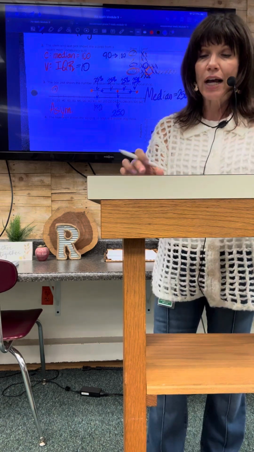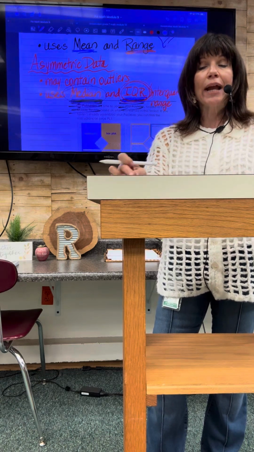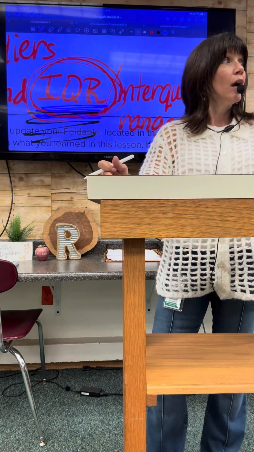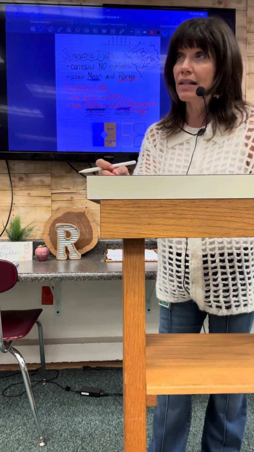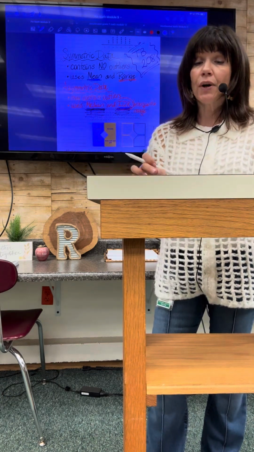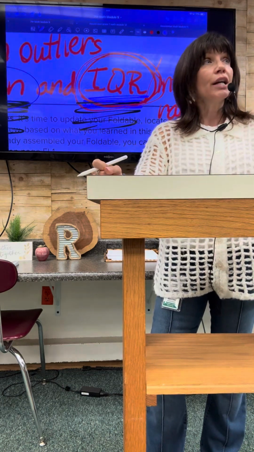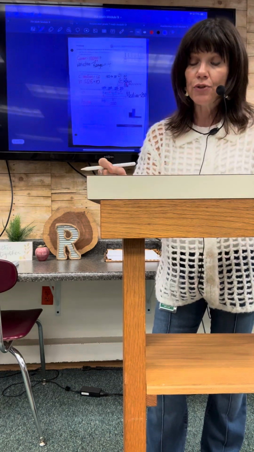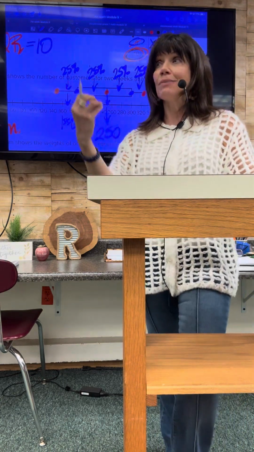And then ask yourself, what will I use for the variation? Will I use range or IQR? Well, remember we said this was asymmetric, and according to our notes, we're going to use median and what? IQR. So I'm going to use IQR. Now, I don't write IQR as my answer.